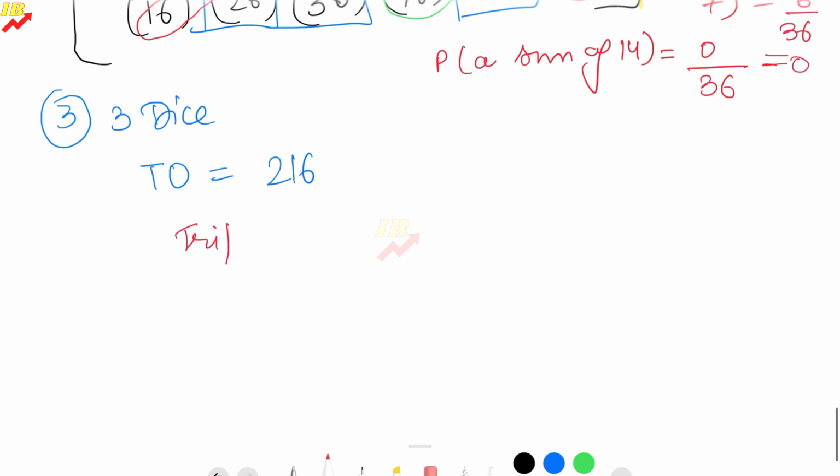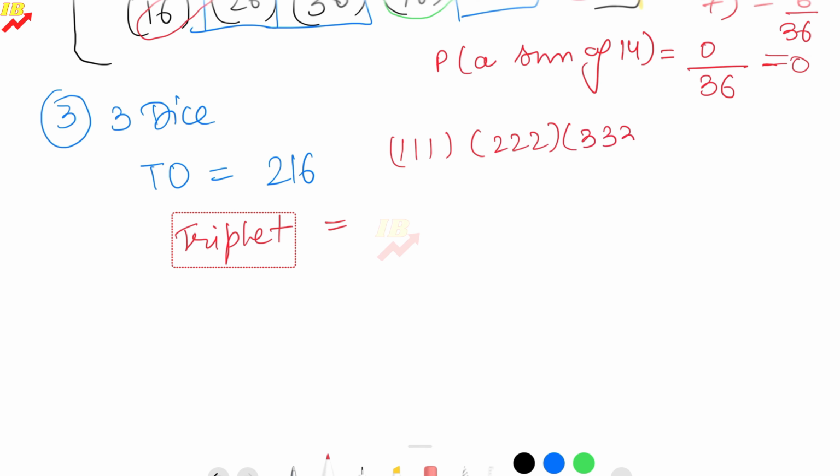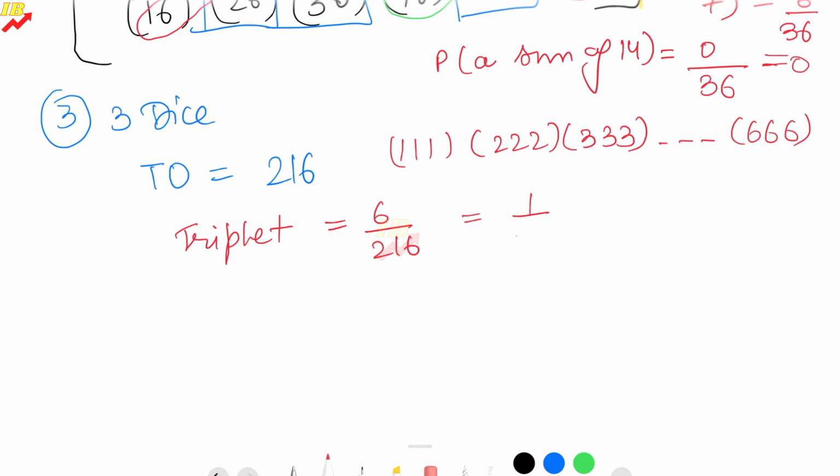The best case that we can have here is a triplet. Triplet is again very much clear to us, right? So either you're getting 1 1 1, 2 2 2, or 3 3 3, till 6 6 6. I hope this is very much clear now because you have a total of 6 numbers, right? So this will become 6 over 216. Now you can cancel it and the answer will become 1 over 36, right?